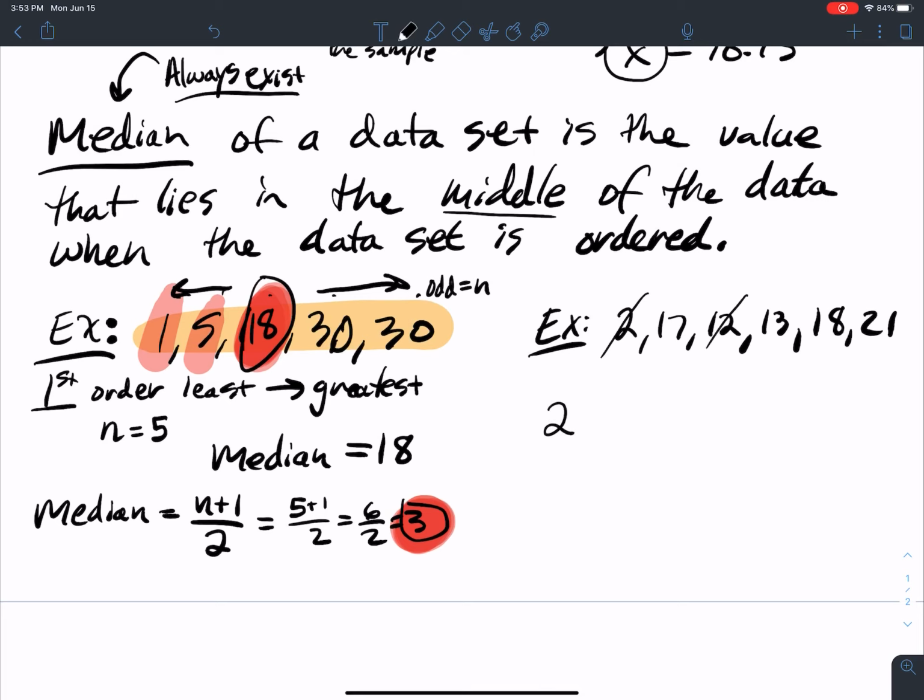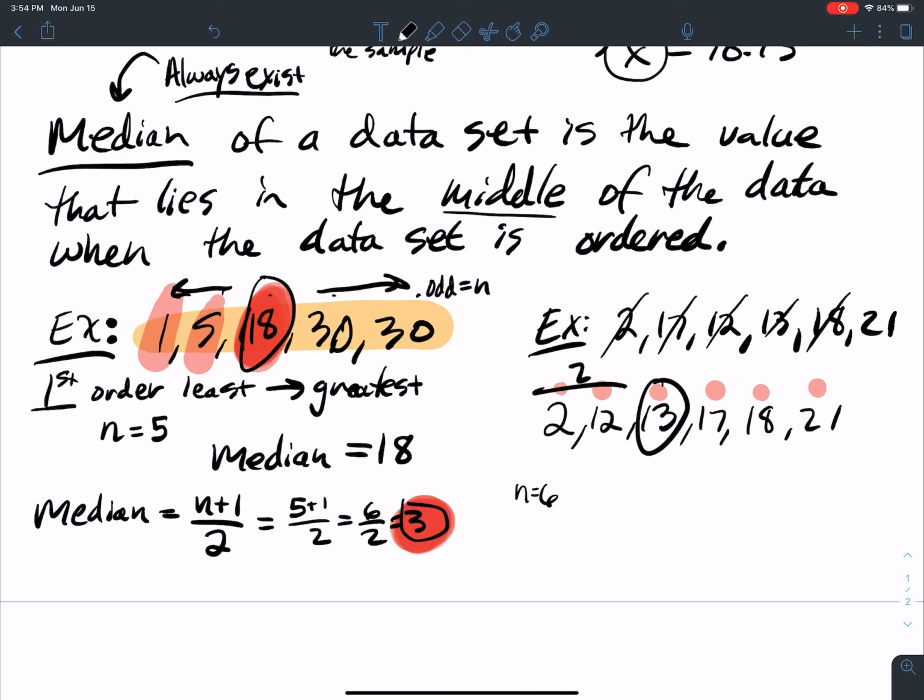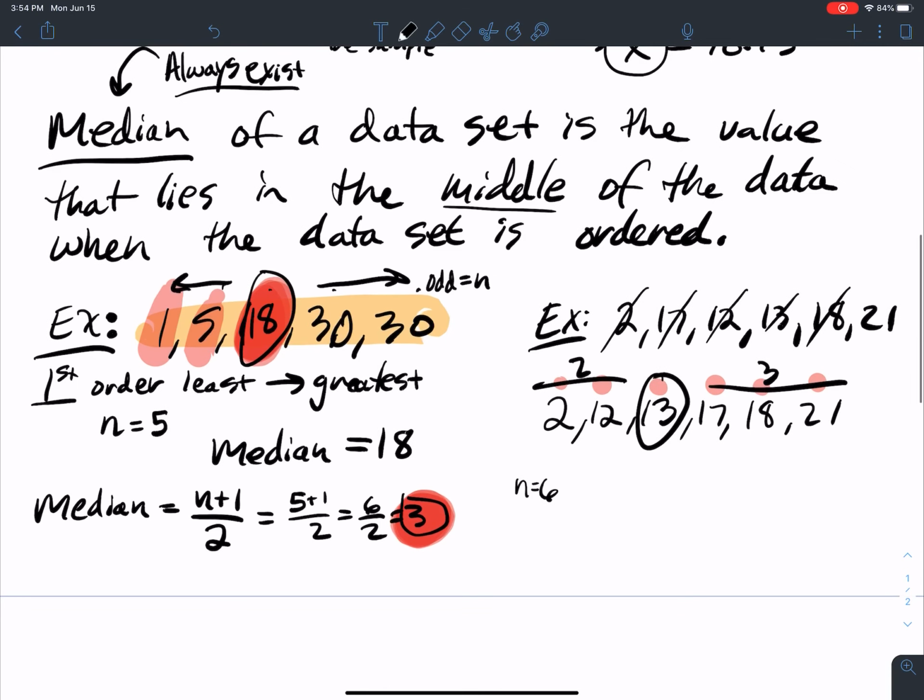The next one looks like 12, then 13, then 17, then 18, then 21. Now I go and I look for the middle one. Well, there's 1, 2, 3, 4, 5, 6, so there's n equal to 6. Okay, so if I pick 13, there's 2 over here and 3 over here, so that's not in the middle. If I pick 17, there's 3 over here and 2 over there, so that's not in the middle.